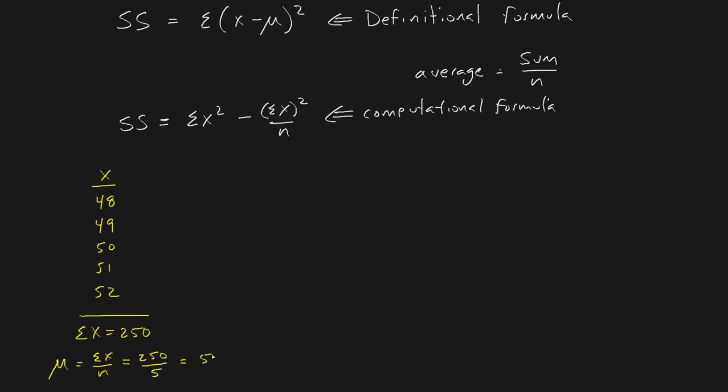My average is 50. So if I want to show you the definitional formula, I have addition, which is what a summation sign tells me to do, I have brackets, I have subtraction, and I have an exponent.